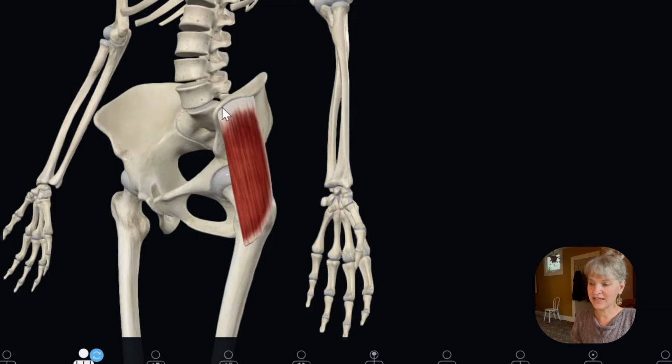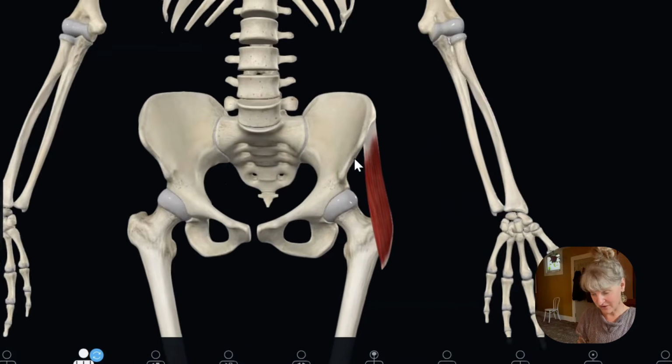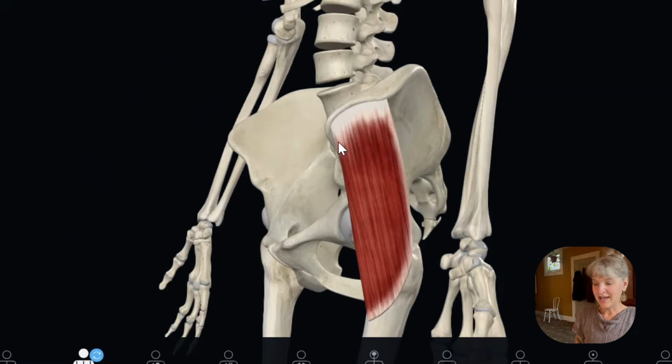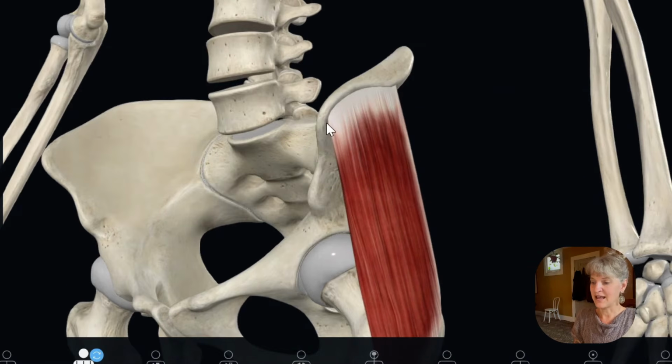Its origin is on the anterior aspect of the iliac crest, behind the anterior superior iliac spine. And then it comes down to the iliotibial tract.